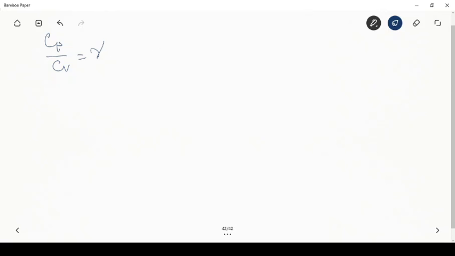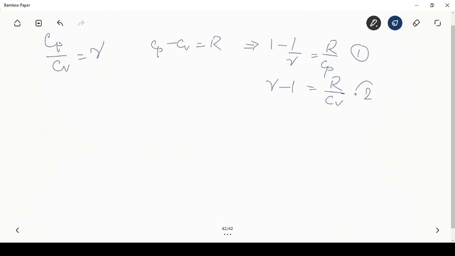If I write Cp minus Cv is equal to R in terms of this, then I get Cp minus Cv is equal to R. If I divide this throughout by Cp, I get 1 minus Cv by Cp, which is 1 by gamma, is equal to R by Cp. So this is one expression that I will be using. And if I divide this throughout by Cv, then I get Cp by Cv, which is gamma, minus 1 is equal to R by Cv. This is the second expression.